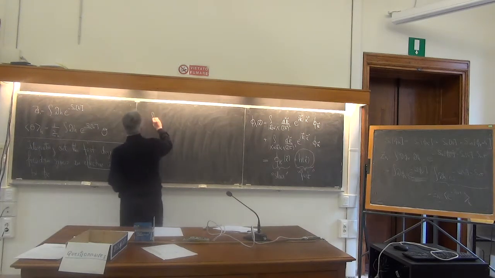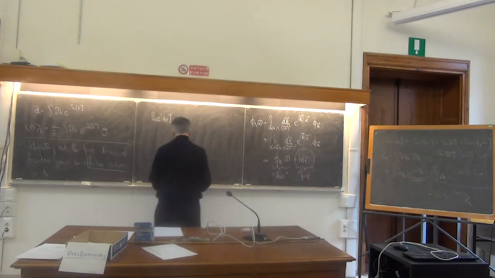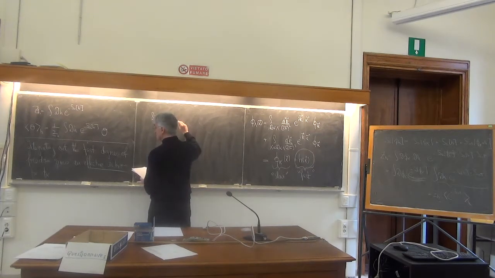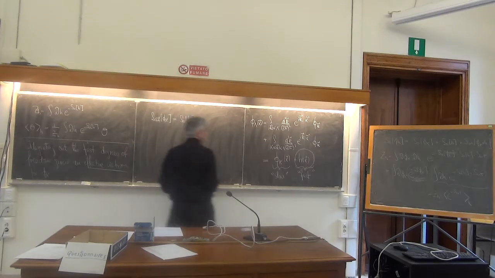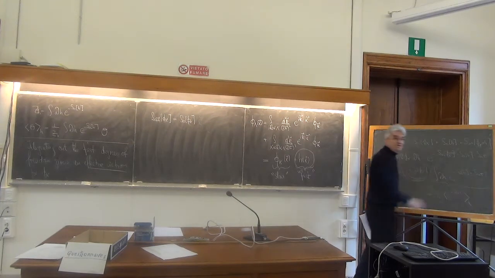And this effective action of the slow degrees of freedom by definition is just the free part, S naught phi lambda prime, which is what's written here, plus whatever I get from here.